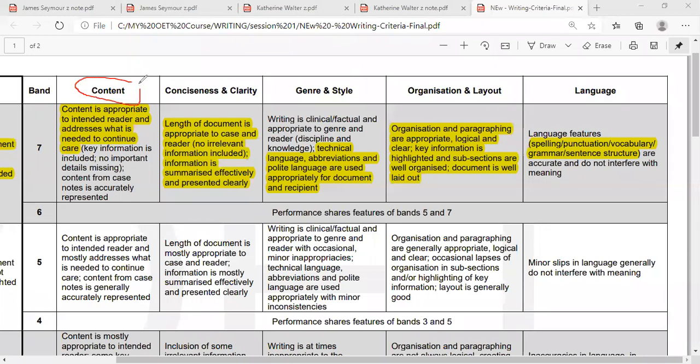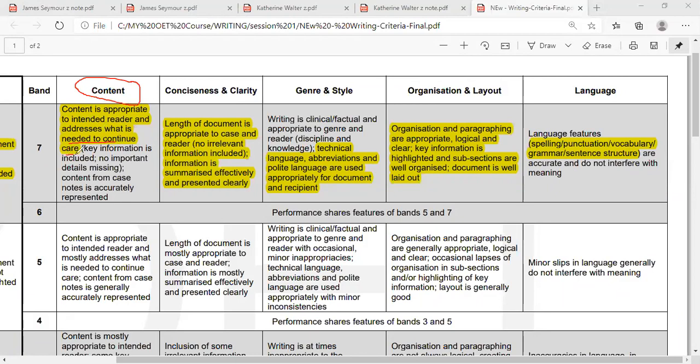The content, I mean by content, which is the important information or the important data that I need to select from the given case notes. Content is appropriate to intended reader and addresses what is needed to continue care.